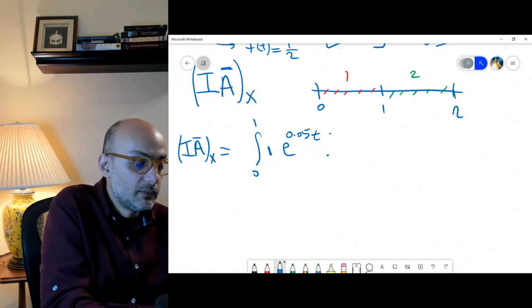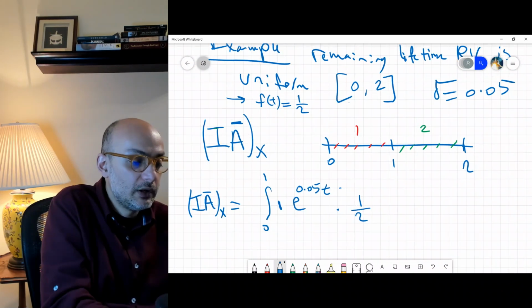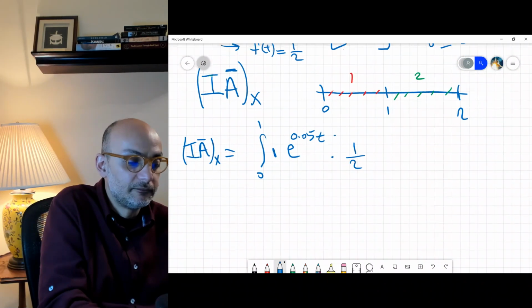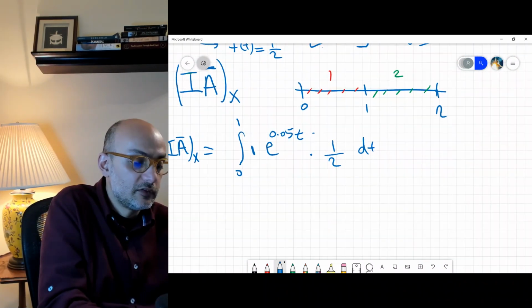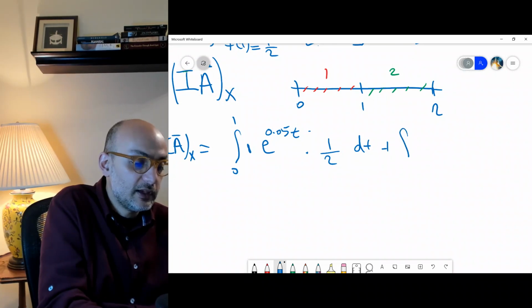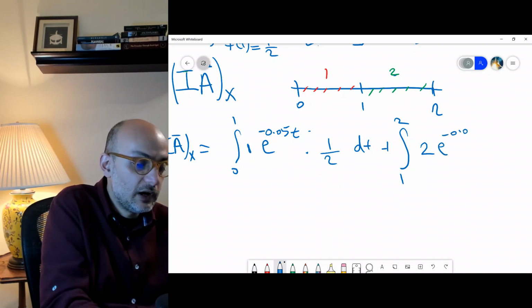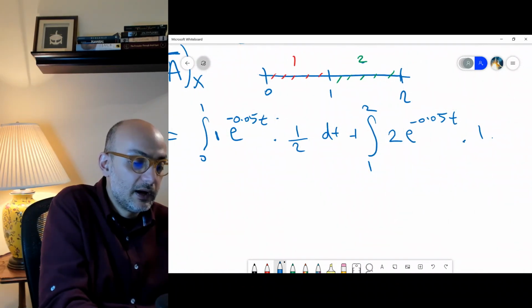So multiply by 1/2, dt. This is one term, plus the second term from 1 to 2. Now the benefit amount here is 2, e^(-0.05t), this is delta, multiplied by 1/2 dt.